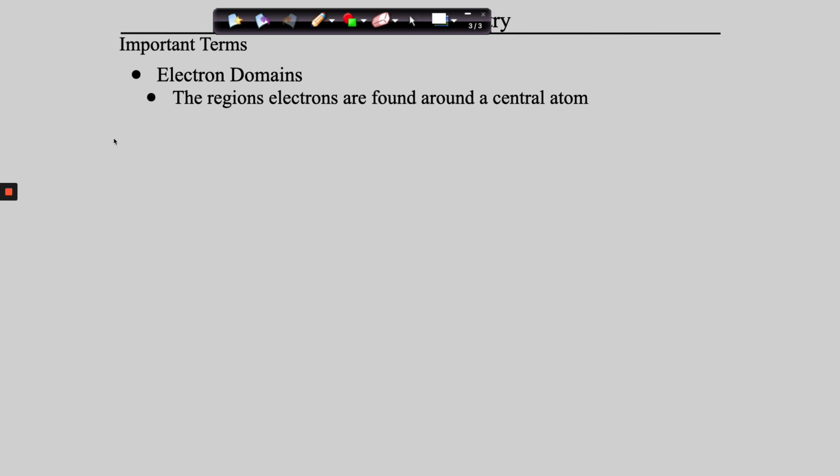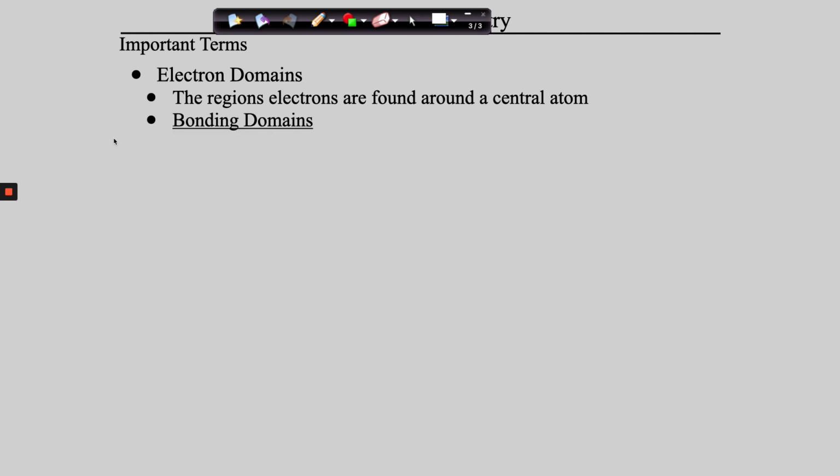We do a really interesting 2-day series on this in AP. But guys, in here, don't worry about it. If you're confused and you're going, wait, don't electrons hang out in all these pretty orbitals? Yes, but they turn into domains before they bond. We're not going to dig into it until you come back next year. So guys, the idea here then is that domains are the spaces where electrons hang out around a central atom.